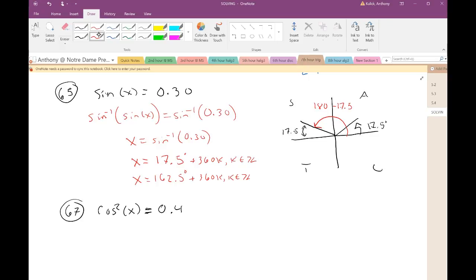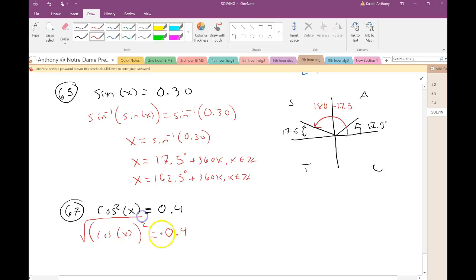So 67 now is a little bit different. There's something we need to do before we can do the cosine inverse of both sides. What's different about this one than the previous ones? It's cosine squared. Remember that cosine squared really means that. So how do I get rid of the squared?